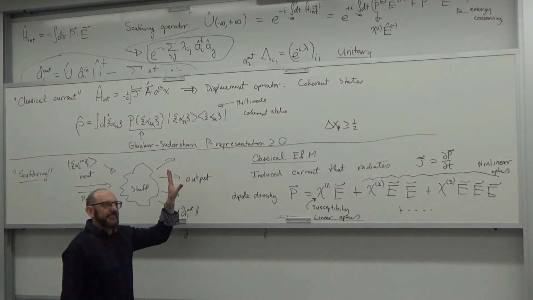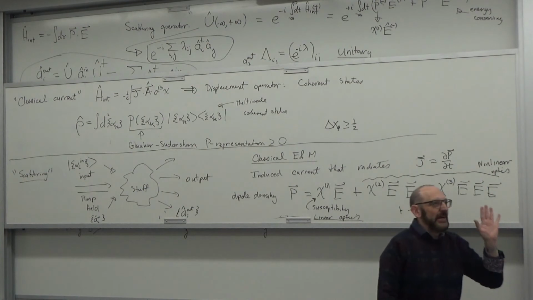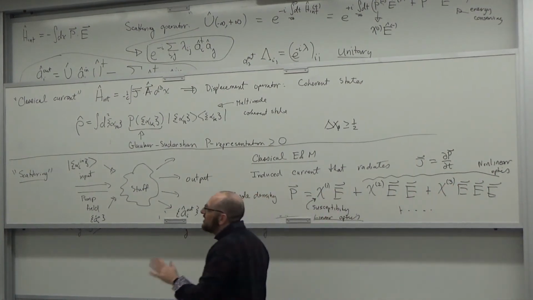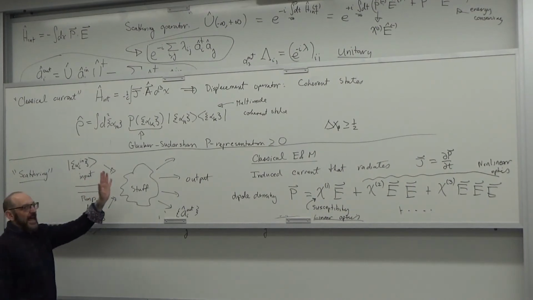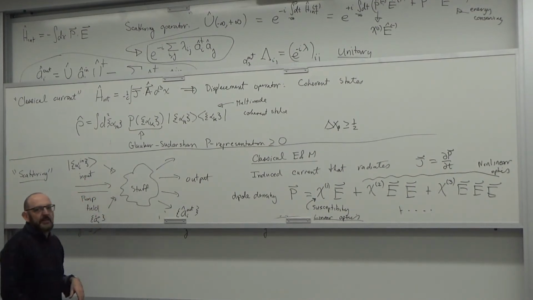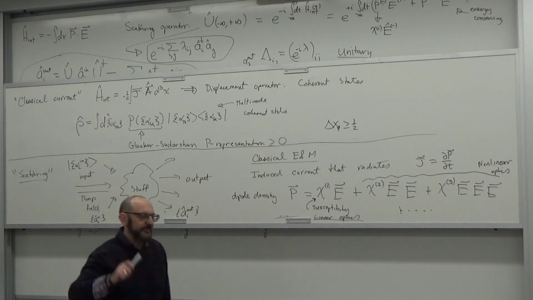Linear optics does nothing to the quantum fluctuations. It just does exactly the same thing as the classical dynamics would do. Now, one way to think about this is the following. Let's just emphasize the following fact.